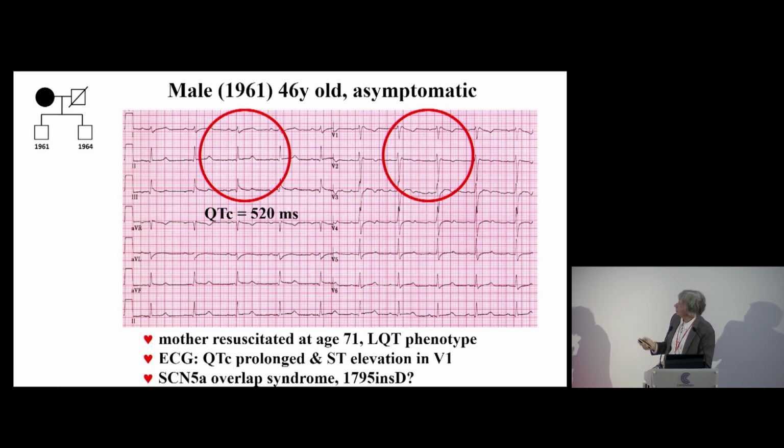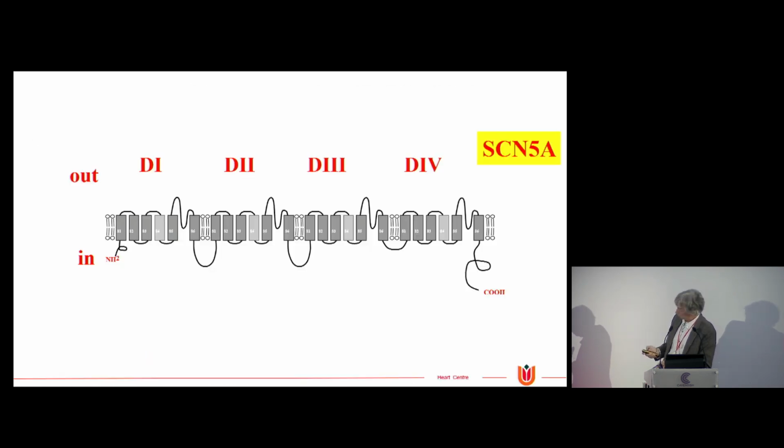And on the right precordial leads you have, let's say, a type 3 Brugada pattern. So living in the Netherlands and having this large founder variant with an overlap syndrome, I thought immediately, I've got you. This must be the SCN5A overlap syndrome on this particular variant. So we checked for that, and that was unfortunately not the case.